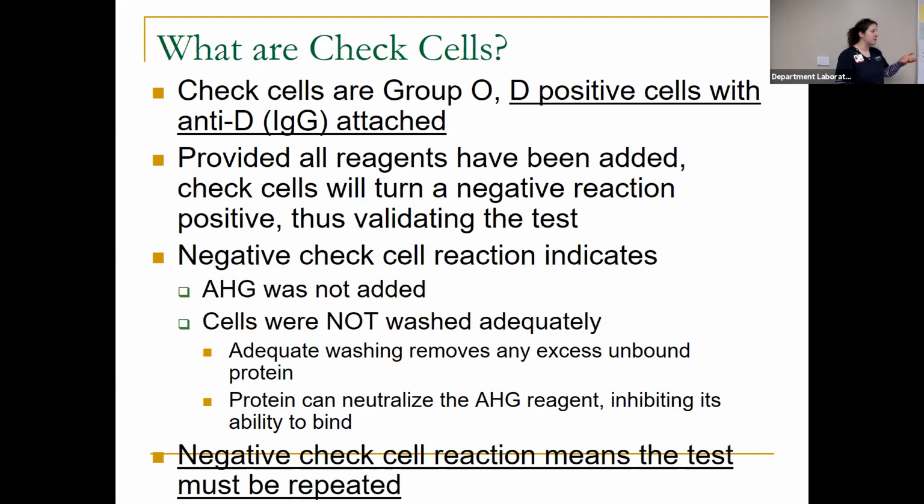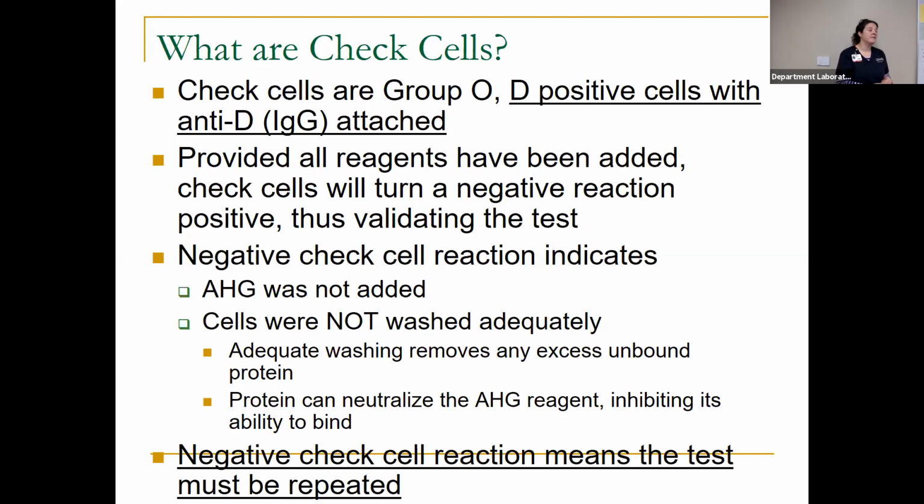It's free in that tube. If we add IgG coated cells and we centrifuge and read for agglutination, what should your result be? You should have agglutination.